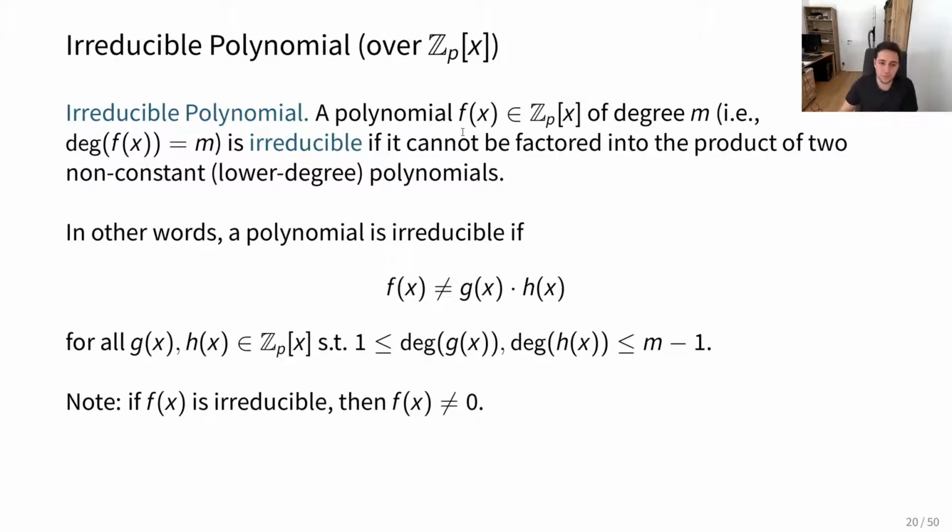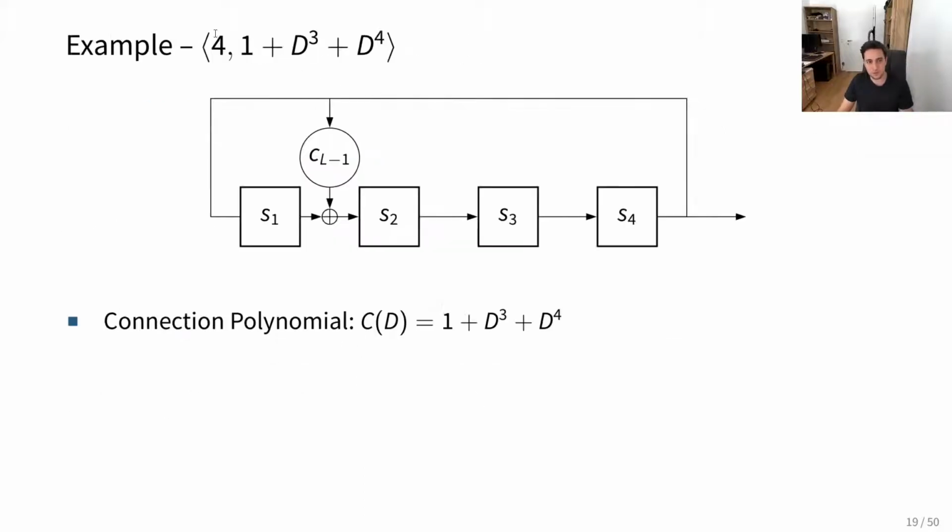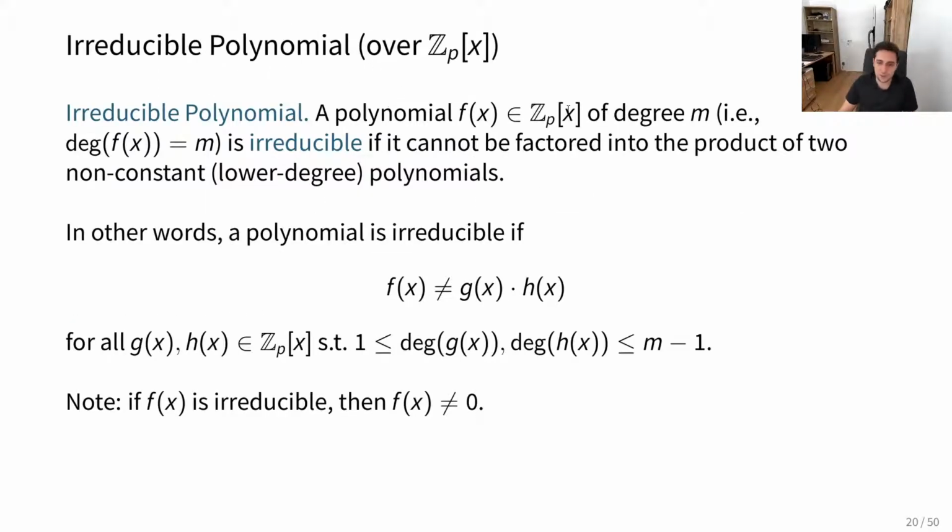But first about the irreducible one, we say that the polynomial, and this is in that case the connection polynomial. And again, the d doesn't matter, so sometimes we will find it with x also, it's the same. And we'll say that such a polynomial here is irreducible if essentially it cannot be factored into products of 2 non-constant lower degree polynomials.